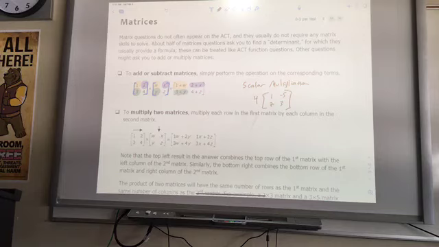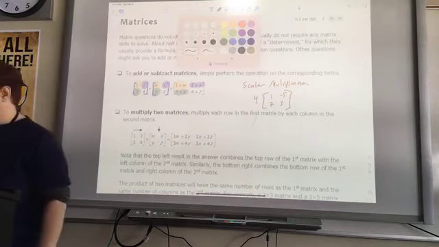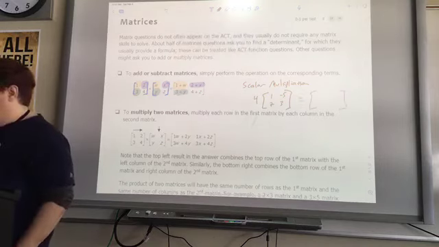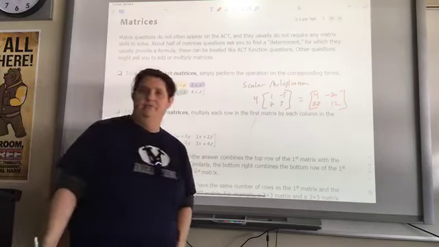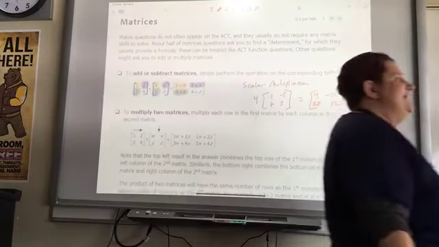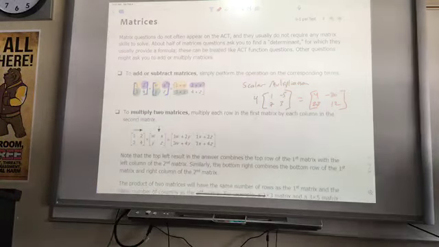So scalar multiplication is like 4 times that matrix. What do you think you would do to do scalar multiplication? Multiply them all by 4. That's exactly what you do. It scales it up by 4. You just multiply each element by 4. That's called scalar multiplication. It's exactly what you think it would be. So if you ever see a scalar multiplication question, you're like, dope. If you see an adding or subtracting, great.